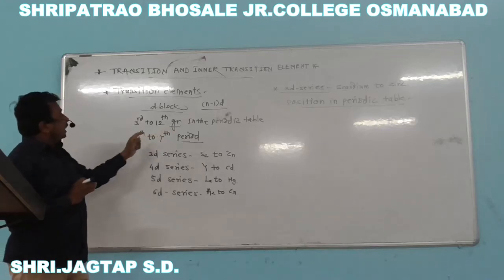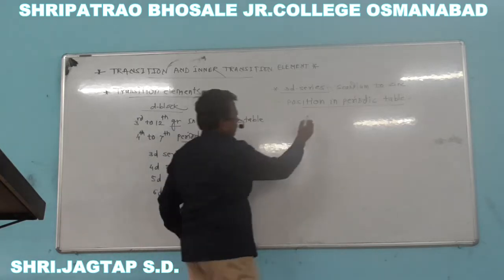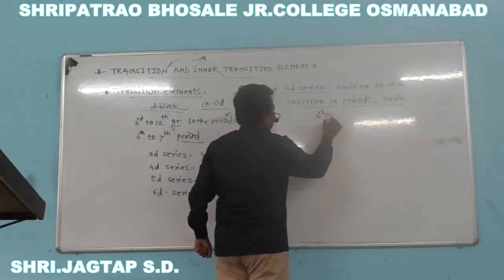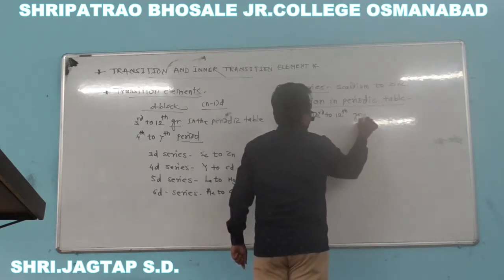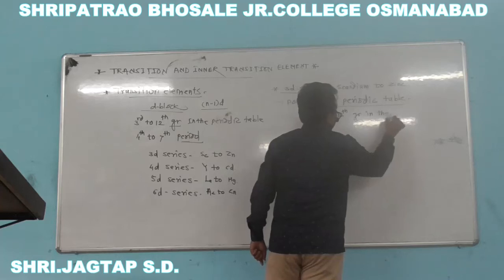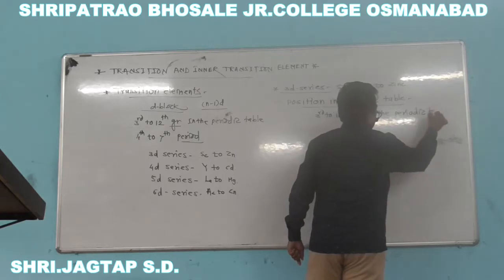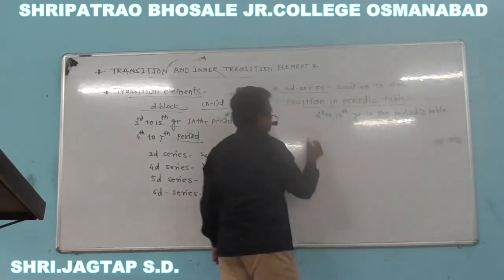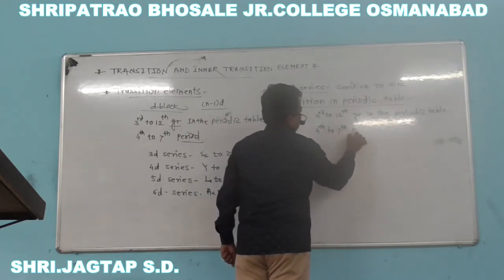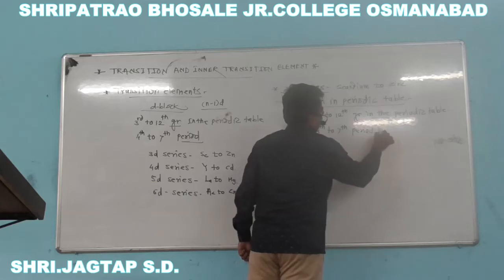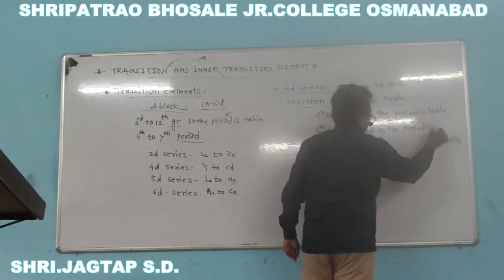These 10 elements are placed in the 3rd to 12th group in the periodic table, and the 4th period.